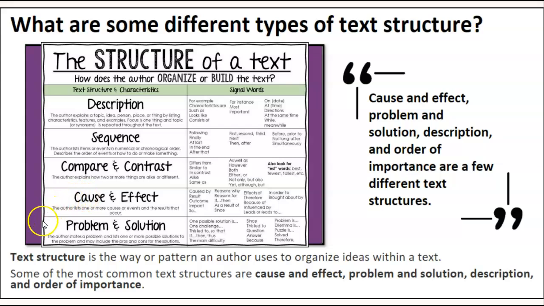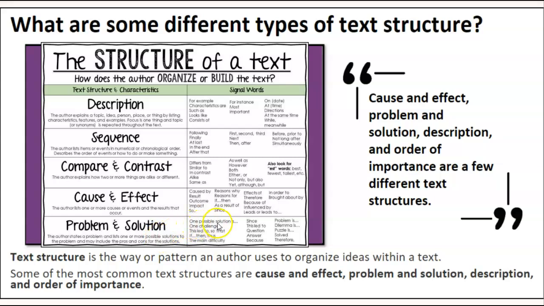And then the last, we have problem and solution. And this is where the author states a problem and then lists one or more possible solutions to the problem and may include pros and cons for each of those solutions.